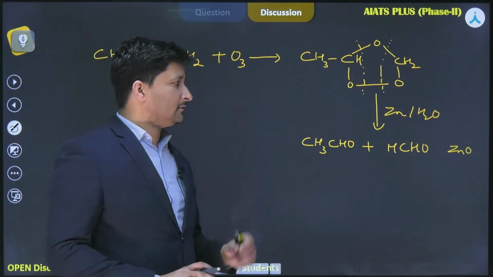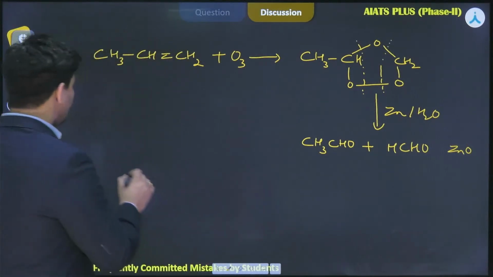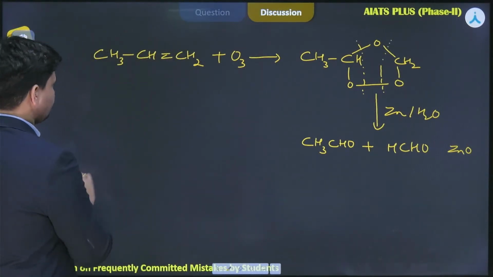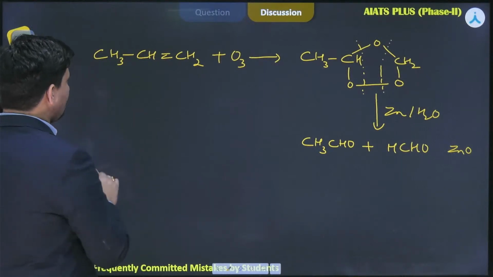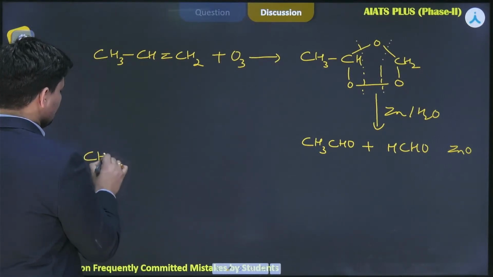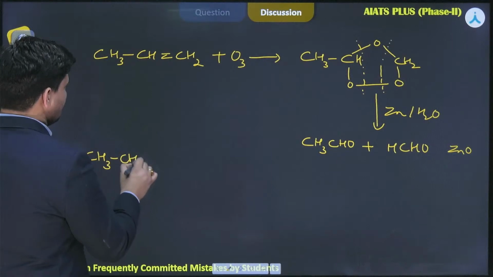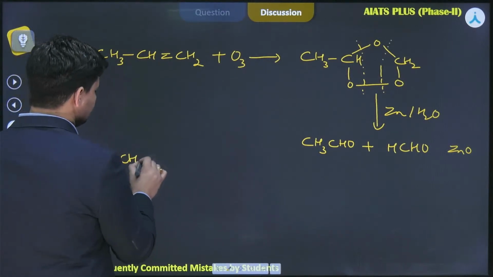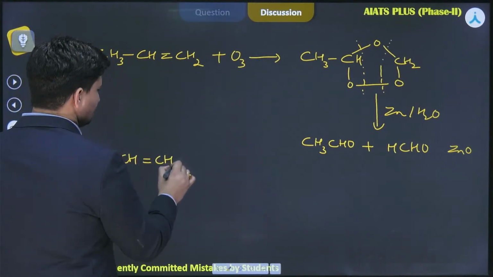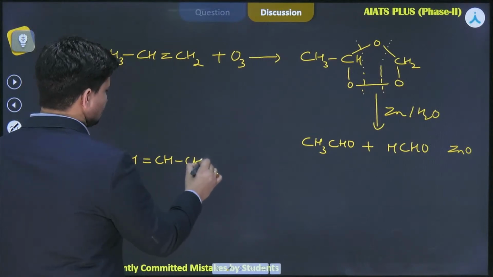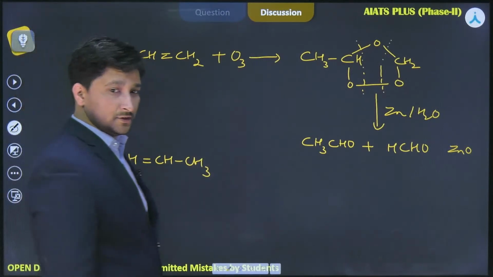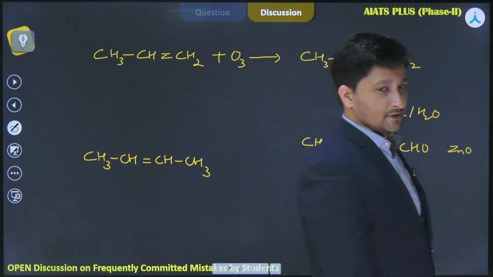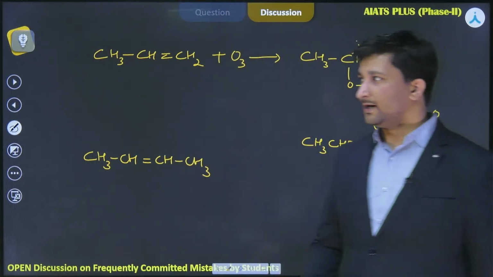But see, if we are talking about oxidative ozonolysis, suppose CH3, CH, double bond, CH, CH3. Suppose we are carrying out the oxidative ozonolysis of this compound. Okay, then what will happen?